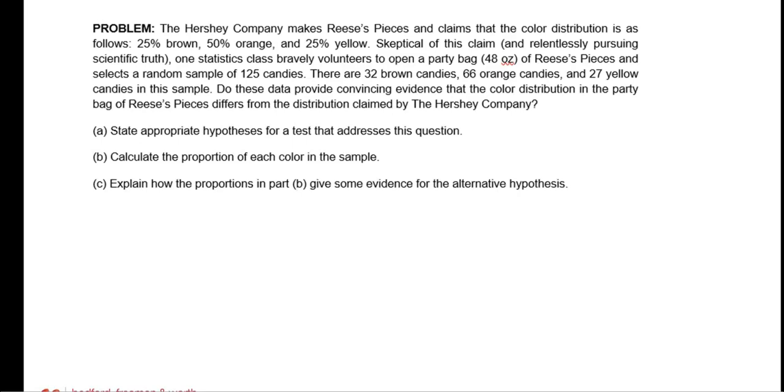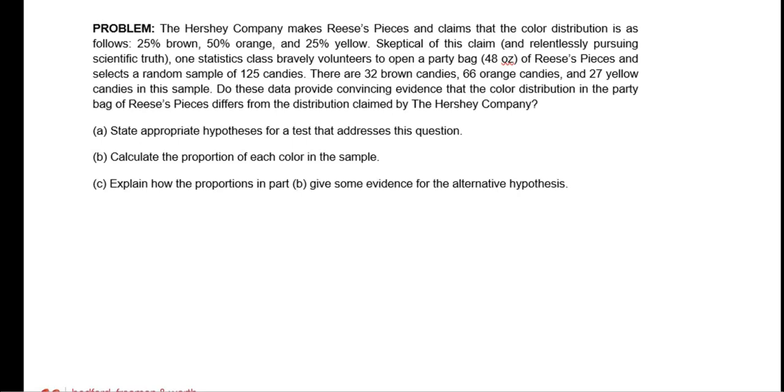So one statistics class bravely volunteers to open a party bag, 48 ounces of Reese's Pieces, and selects a random sample of 125 candies. There are 32 brown, 66 orange, and 27 yellow. Do these data provide convincing evidence that the color distribution in the bag of Reese's Pieces is different than the company claims? So what's the appropriate hypothesis?